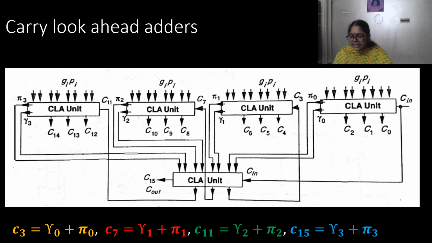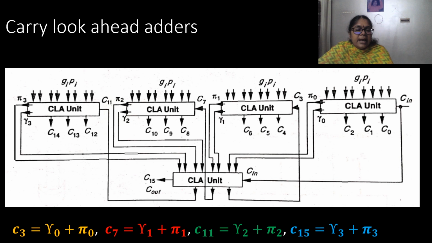So you can see here that the carry look ahead adder is performing the addition of 16 bits. So the 16-bit carry look ahead adder is divided into 4 blocks of carry look ahead adders, wherein each block will perform addition of 4 bits, and the 5th block is being used to find out the carry output of each block.